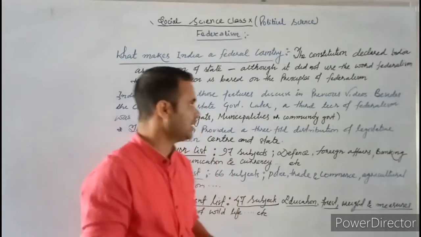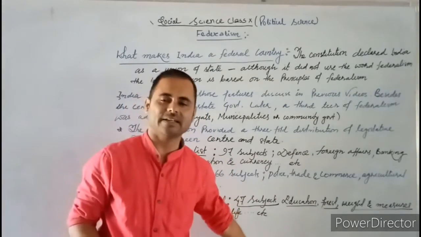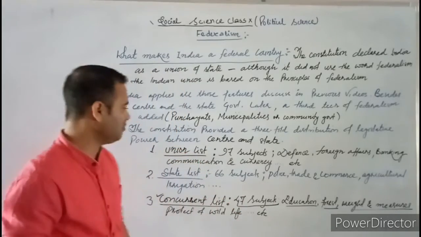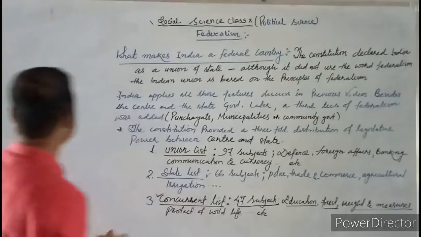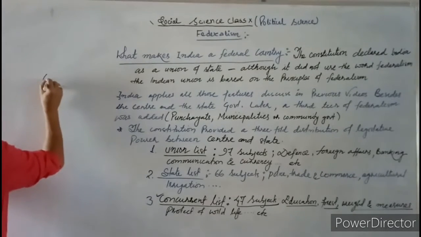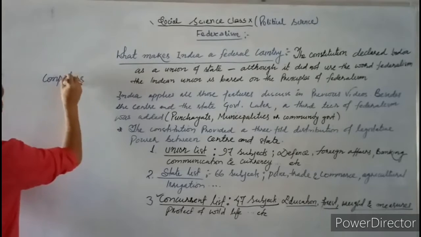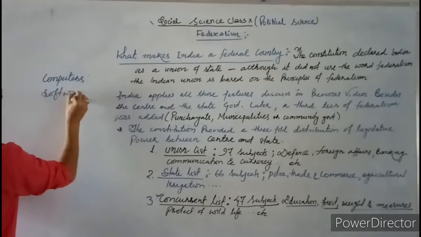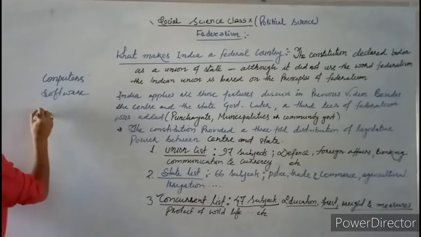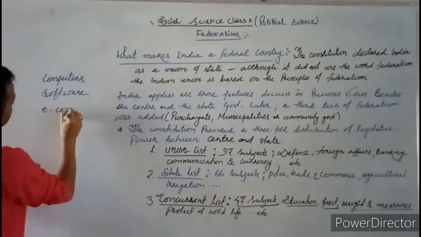I am just going to tell you one more thing. Do you know there are certain other areas which do not come in any of these lists? You may be aware of computers today, yes or no? You may be aware of software, correct? You may be aware of e-companies or e-commerce, right?